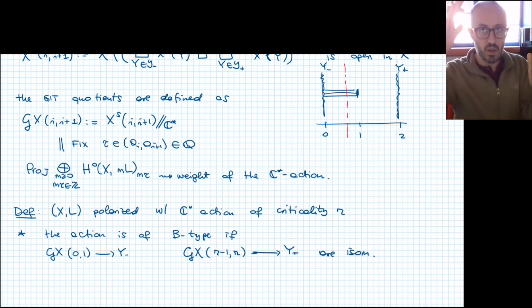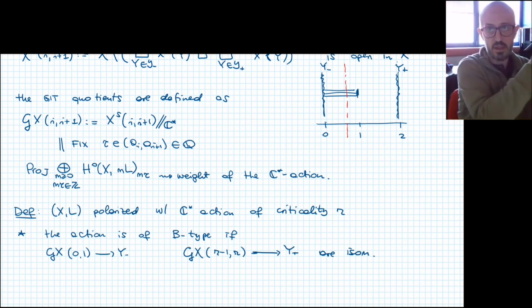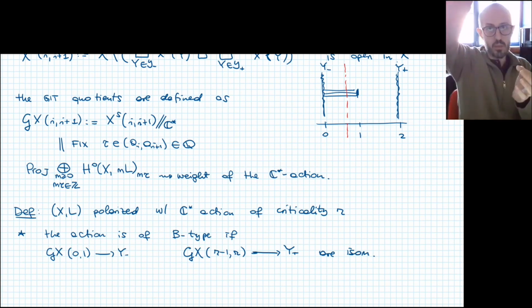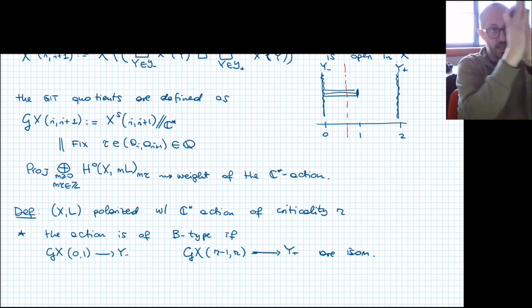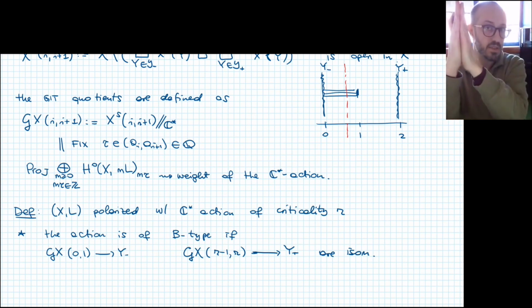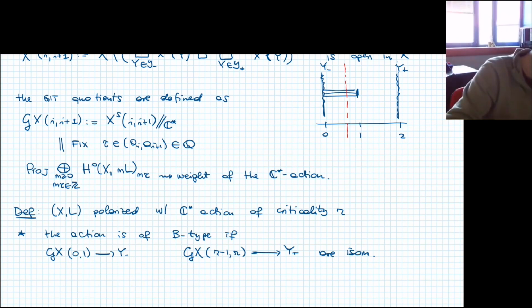So if you take all the possible fibers of the actions and you collapse them, you basically obtain y minus if you cut on the left, and then you obtain y plus if you cut on the other side.